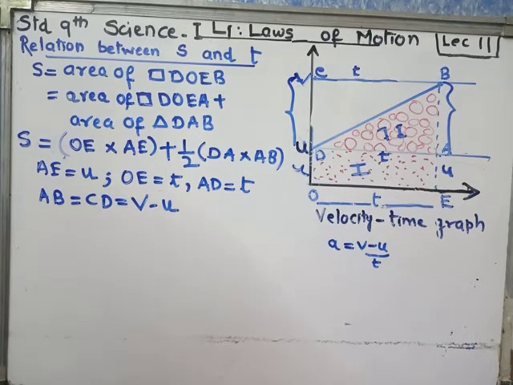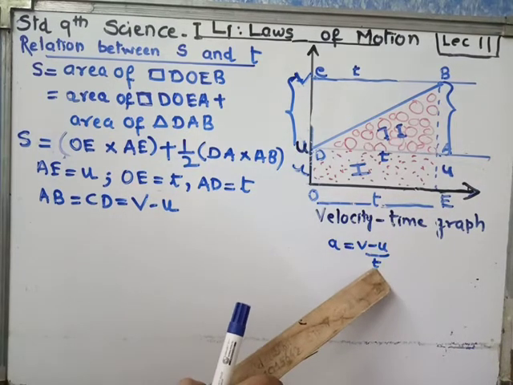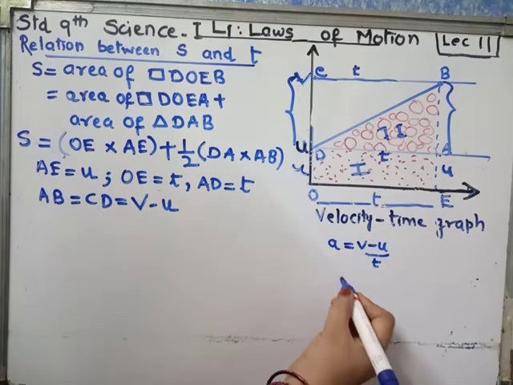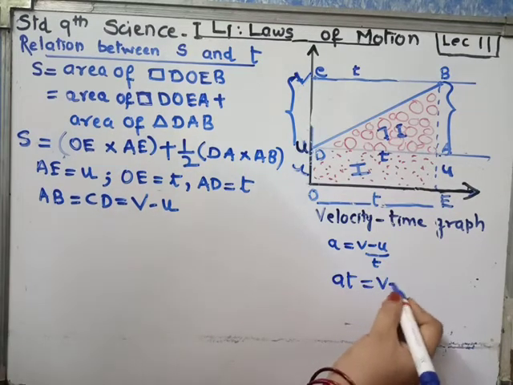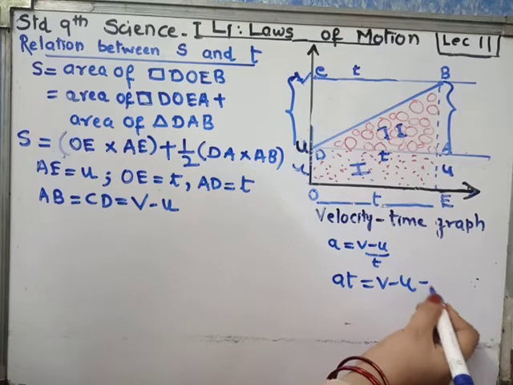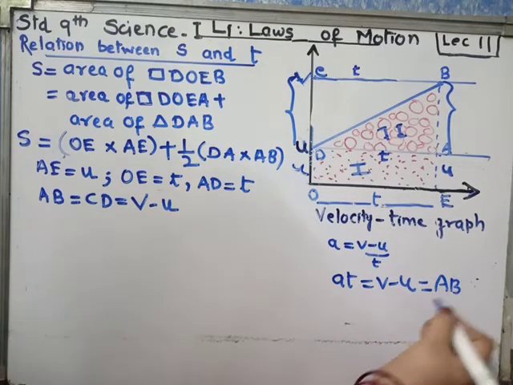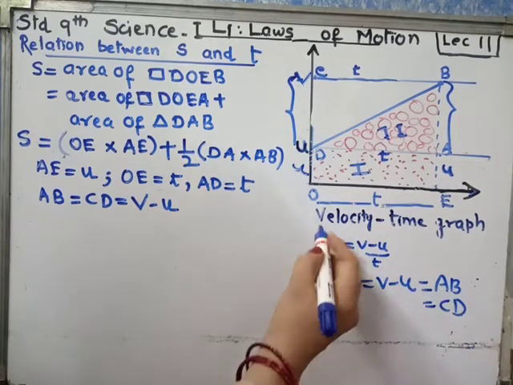Now we know that the formula for acceleration is V minus U upon T. From this, AT is equal to V minus U, and it is equal to AB, which is equal to CD.